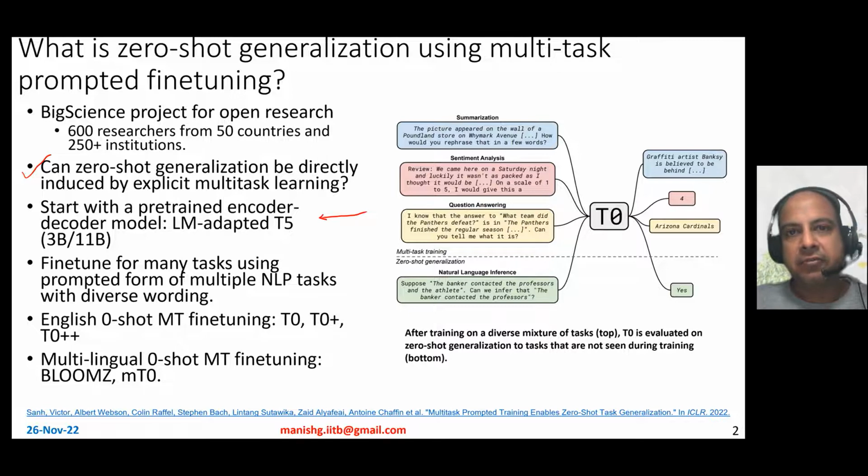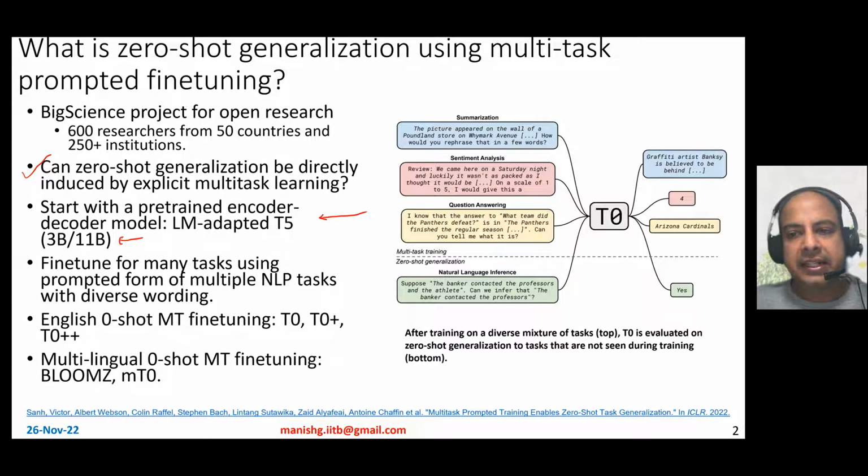So for the first part of the video, at least, we will talk about a pre-trained model that is the base of it all. It is the language model adapted T5 model, and it comes in two versions, 3 billion and 11 billion. So we will see results on both of them.